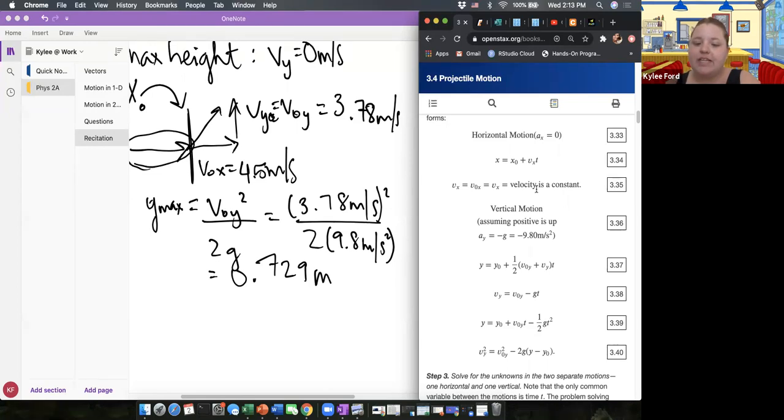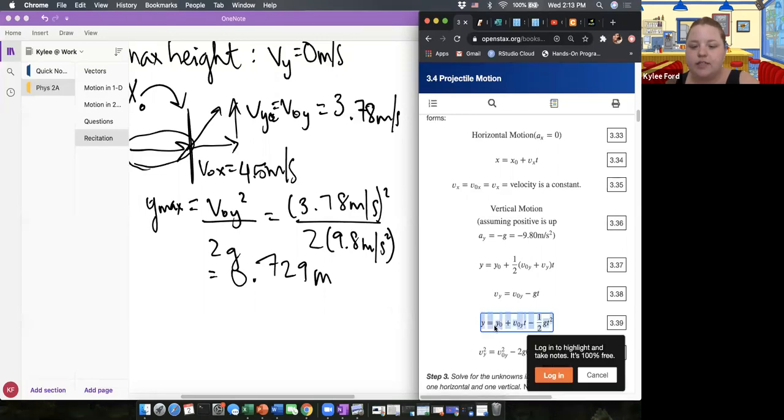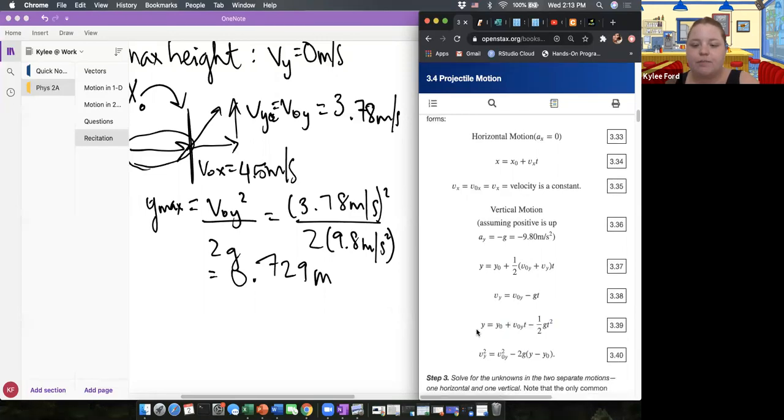We need a time when we hit that maximum. So let's see. Yeah, we need that time. If we have that time, we can solve the problem. So we have our y naught. We have a y, which is our maximum, we're going to say. We have a v naught y, and we have a g. So let's use this equation here.